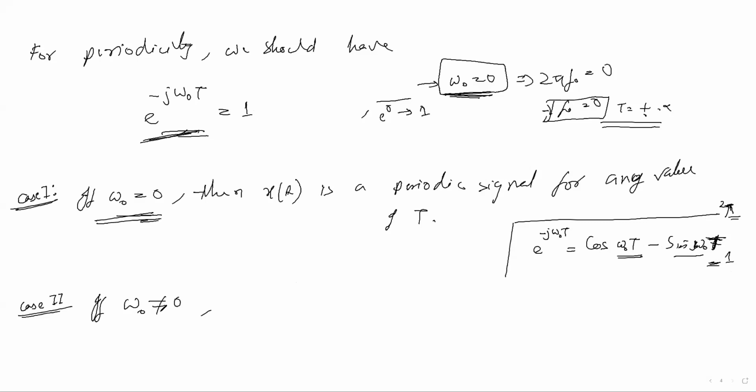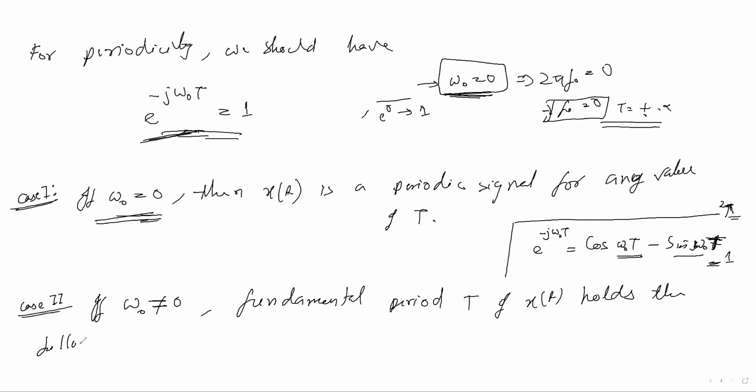So another condition is, when omega naught is not equal to 0, the above equation will be 1 when the fundamental period T of x(t) holds the following condition: omega naught T should be 2 pi.